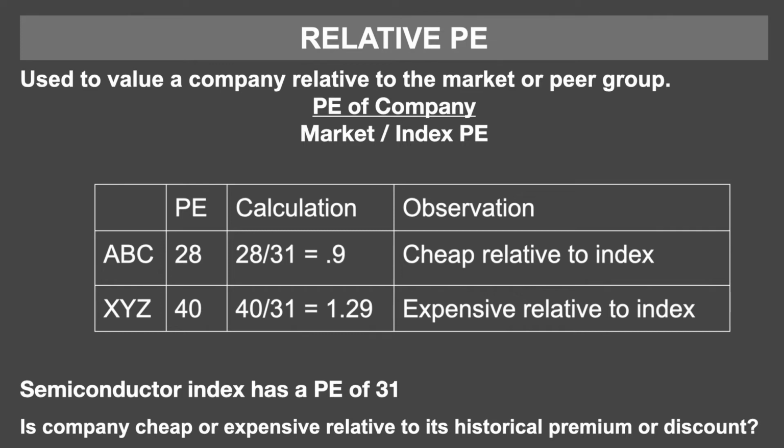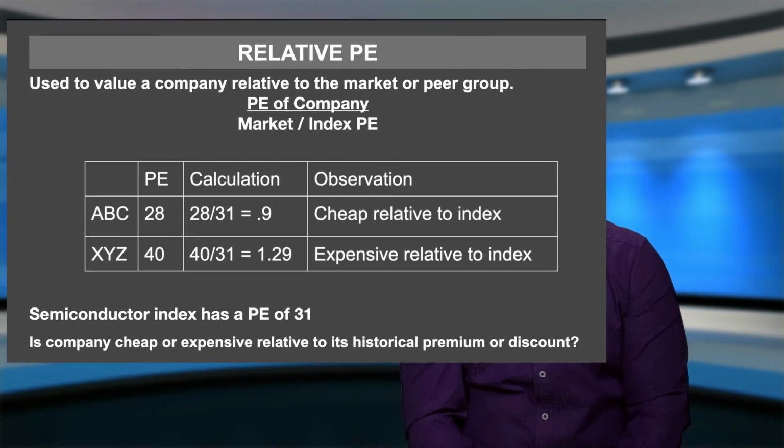So for example, if we have a PE that is, say, 1.2 relative to the index, and that company normally trades at a premium of 50% to its reference index, on a relative basis to itself, that company would be deemed to be cheap. Let me say that again for you.